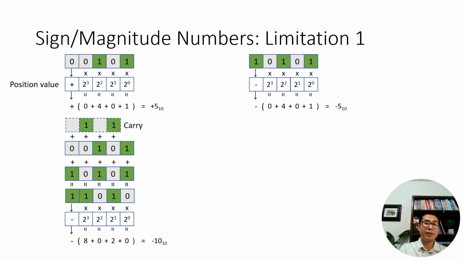We add positive 5 with minus 5, and we're supposed to get 0, but in this case we get minus 10. So sign magnitude is straightforward and relatively easy to use. However, it is wrong, or incorrect.